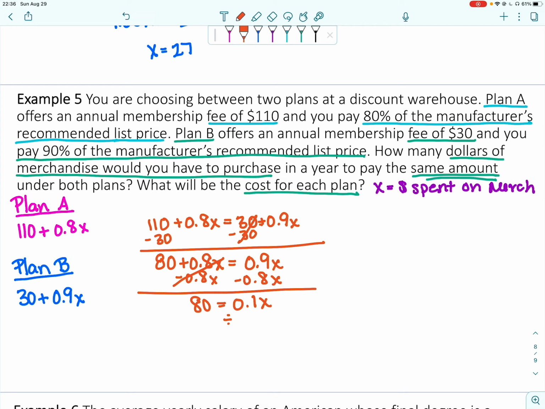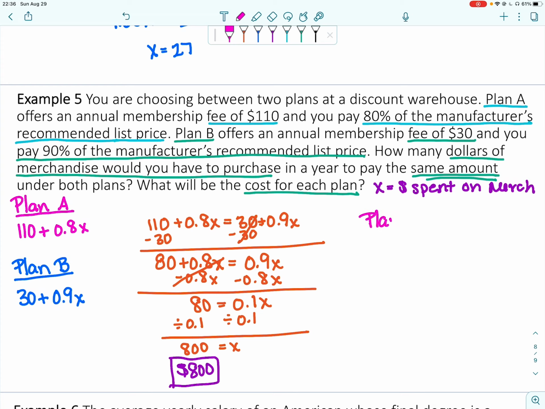So divide both sides by 0.1 so that I get the x by itself, and the answer is $800. You would have to spend $800 on merchandise in order for the plans to be the same.